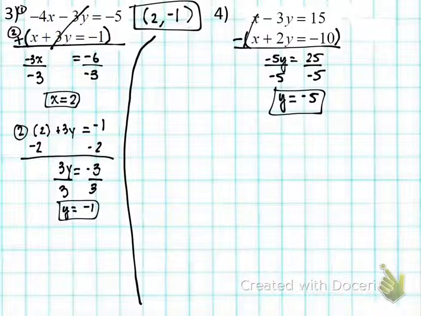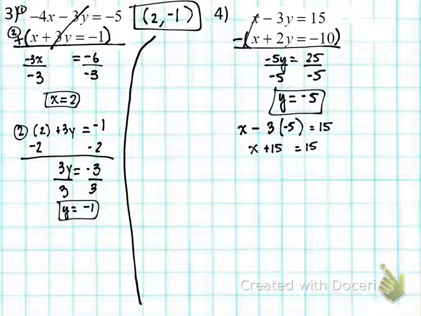How do we find the x now? We plug it back in, right? So we're going to put x minus 3 times y, where y is negative 5, which is equal to 15. Negative 3 times negative 5 is positive 15. So we got x plus 15 is equal to 15.